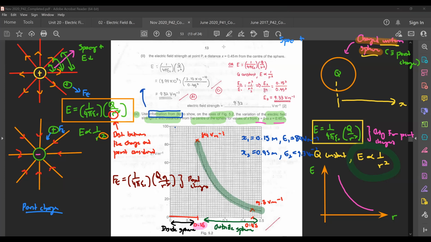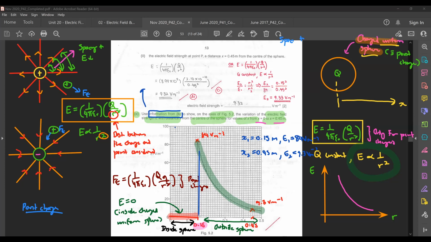So you're supposed to remember that field strength is always going to be 0 inside a charged uniform sphere. Okay, if you are inside the sphere, the field strength is always going to be 0. So you need to draw this other line too. Okay, and then you just draw another line joining the first 2 lines.